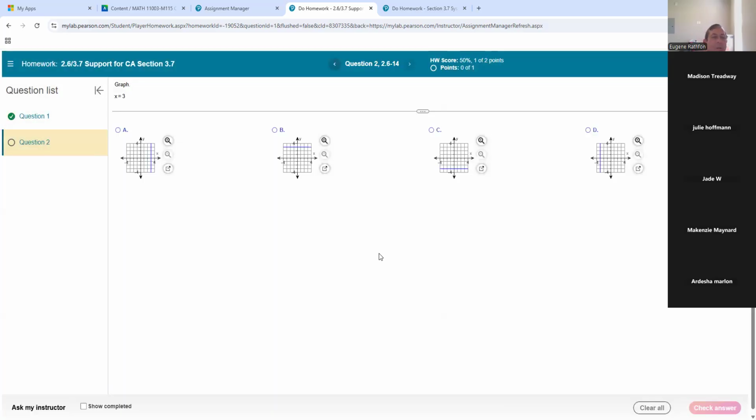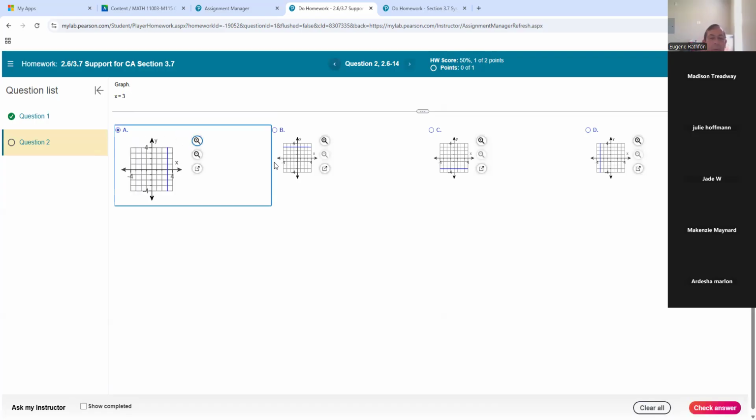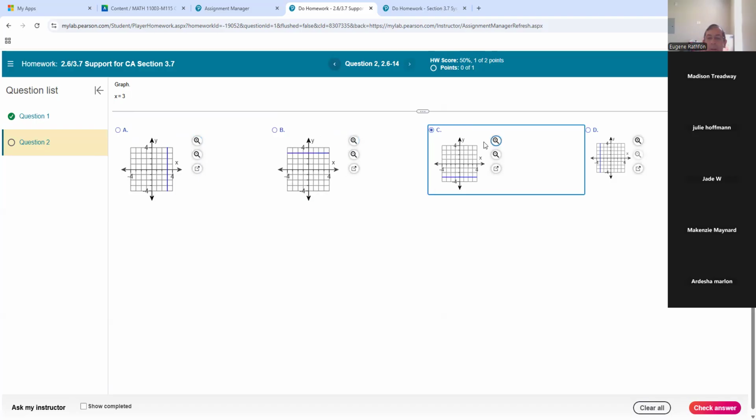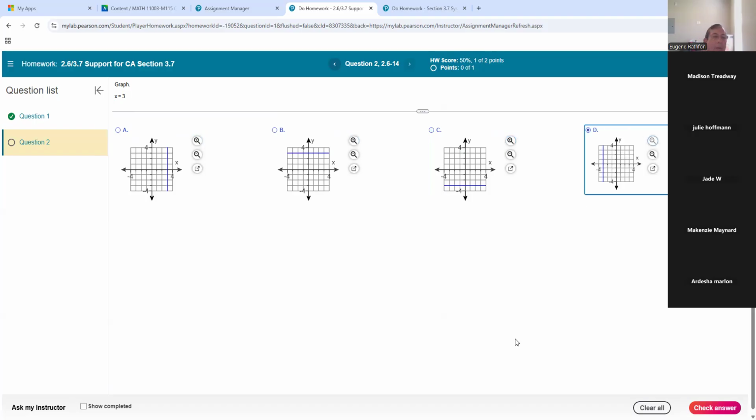All right, so let's watch this one. X equals 3. Y'all, let me make these graphs bigger for you. See which one y'all want to pick. Now remember, this is X's now. So X equals 3, would y'all pick A, B, C, or D?